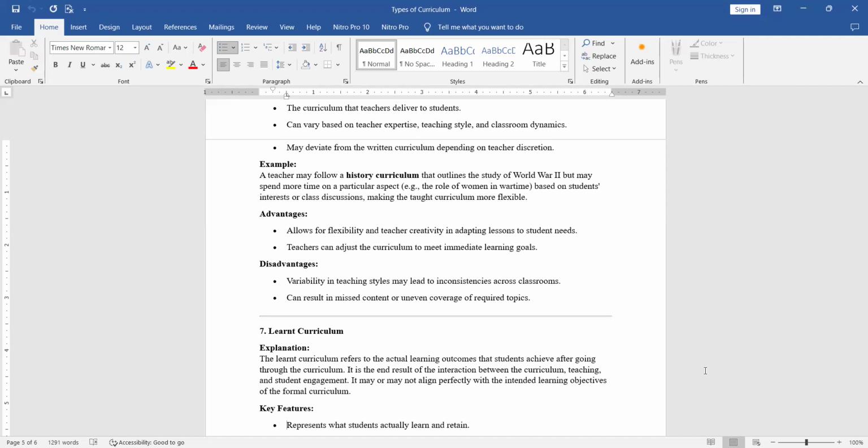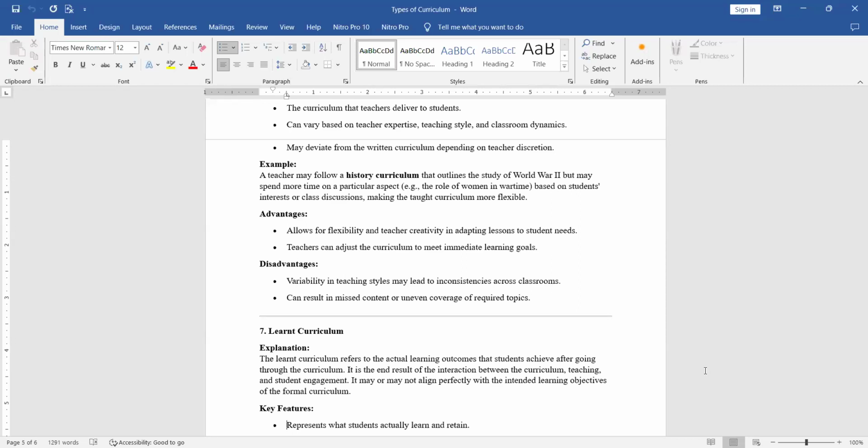It's flexible and can easily adapt to cater to the students' needs. Teachers can adjust the curriculum to meet immediate learning goals. Actually, if they develop their speaking, it's really good in the job market and in higher education. But the immediate need is passing the O-level exam. So you can adjust the curriculum to meet the immediate learning goals.